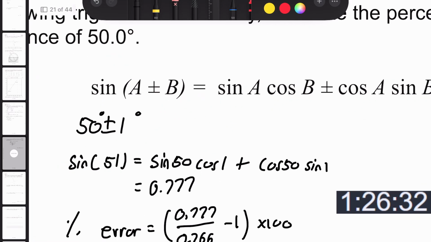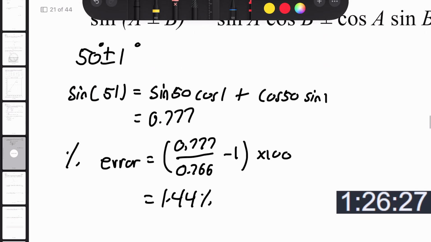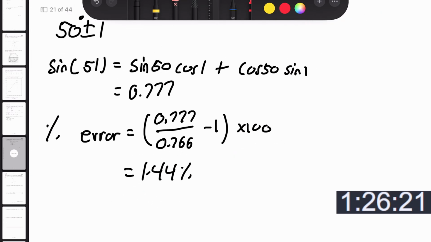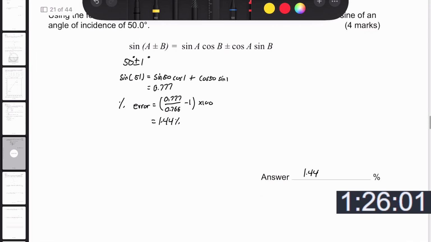You could have done 49 as well, and it would give you the same error, just the other way around. Sine of 50 cosine of 1 minus cosine of 50 sine of 1 gives you 0.755, which is again 0.11 away, just the other way around. The percentage error is 1.44%.